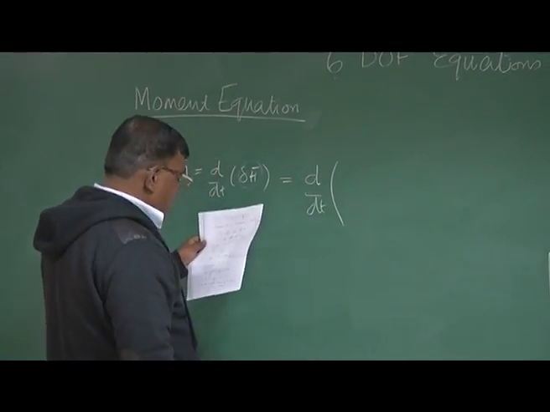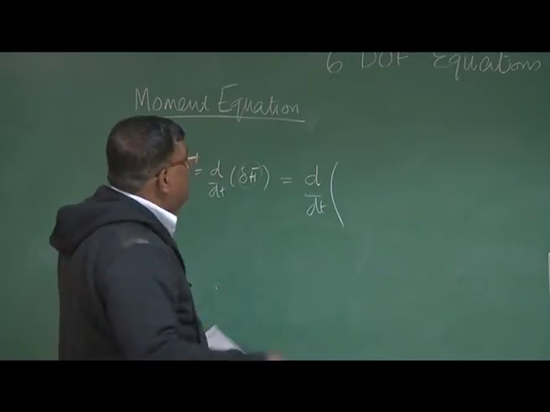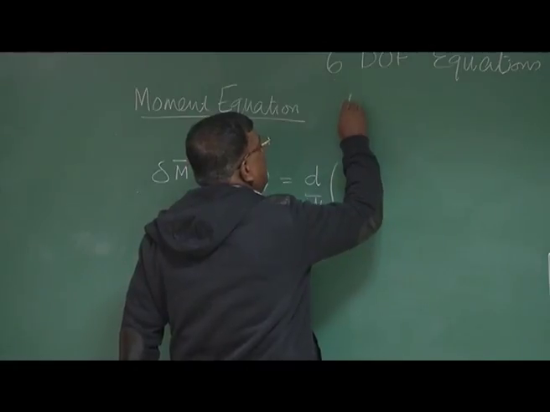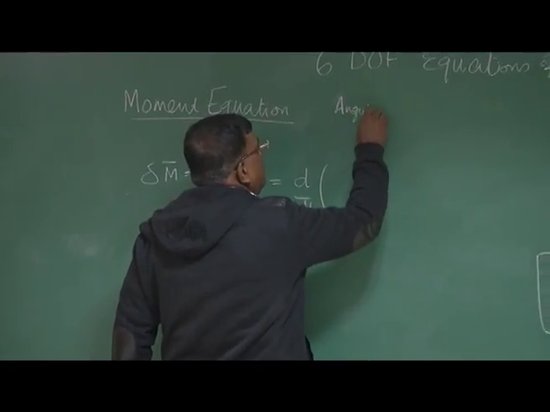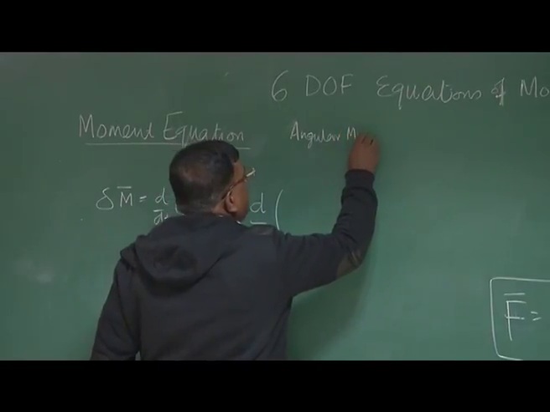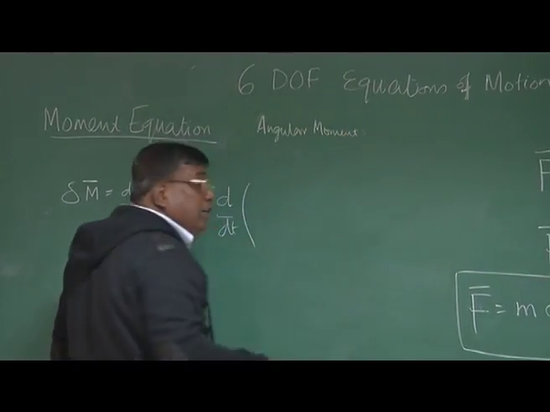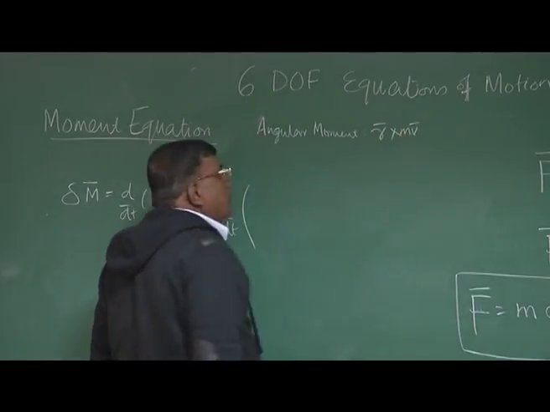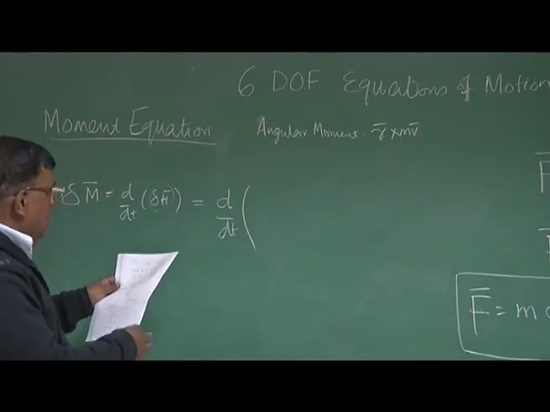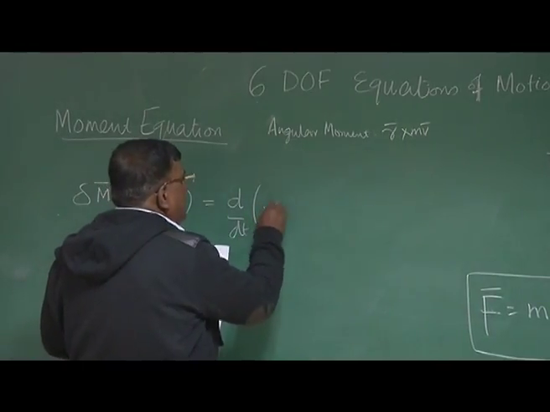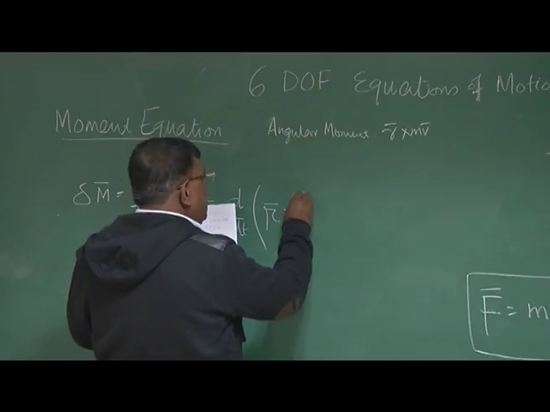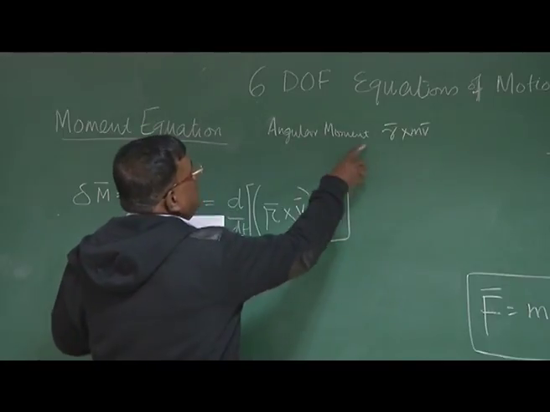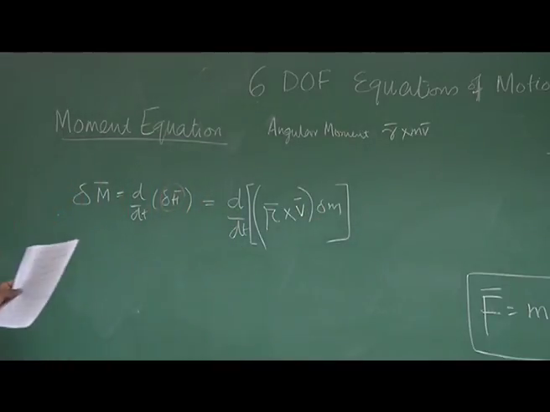The definition of angular momentum, go back to class 11, 12: it is the moment of the momentum, and it is defined as r cross mv. So now I will write here r cross v delta m, which is r cross mv written in this fashion.